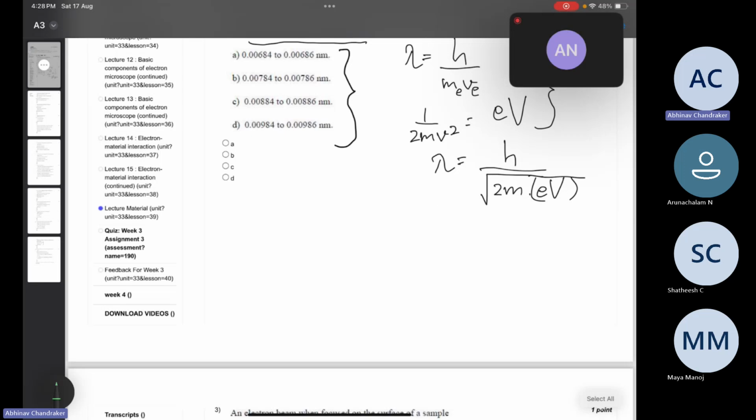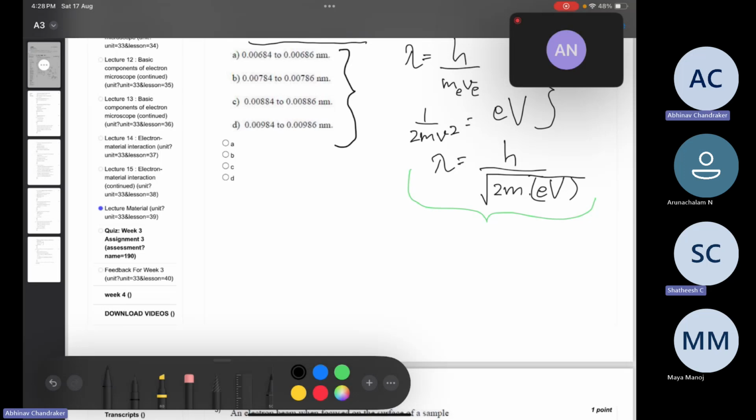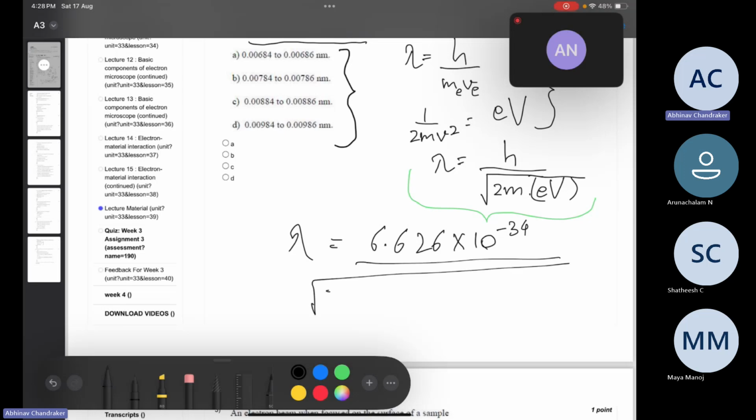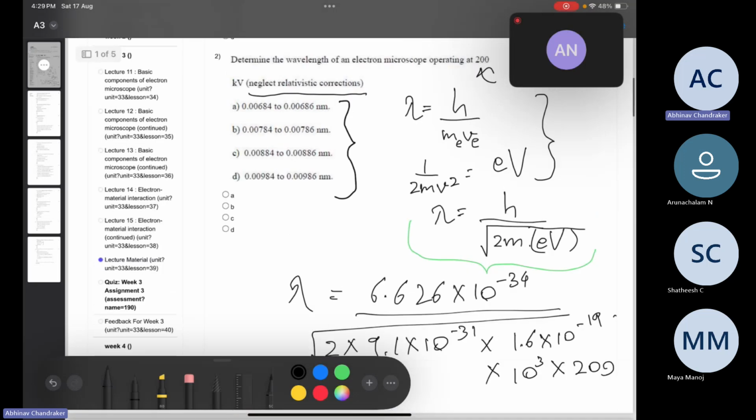So if we put in the values in this equation, we'll have lambda equal to h, which is 6.626 into 10 raised to minus 34, Planck's constant, by root of 2 into mass of electron, which is 9.1 into 10 raised to minus 31 kg, into the kinetic energy of the electron, which is equal to charge of electron, 1.6 into 10 raised to minus 19 coulombs, into the kilovolts applied, so 10 raised to 3 into 200, 200 kilovolts.